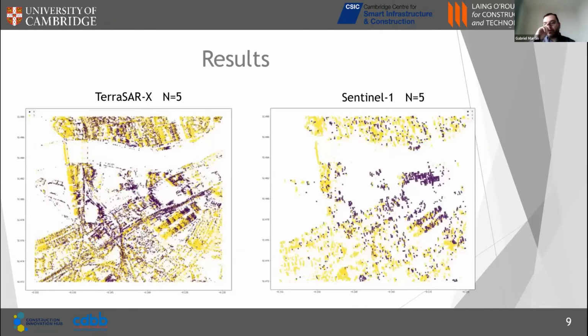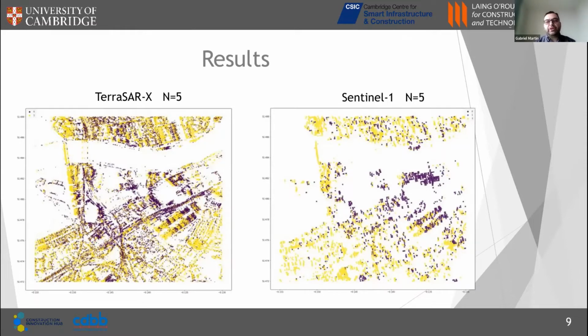When we applied our proposed deep temporal clustering methodology, even though we set the number of classes to detect to n equal to 5, the algorithm automatically detected only 2 classes. It set the number of classes to 2 automatically, the purple and the yellow.